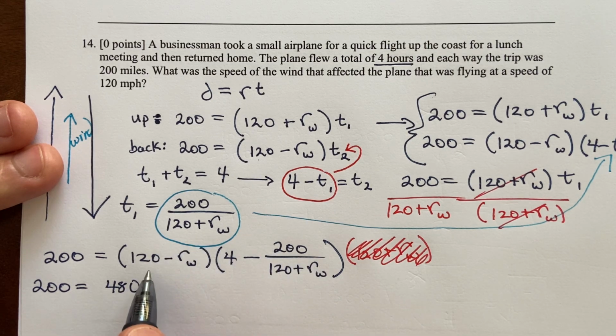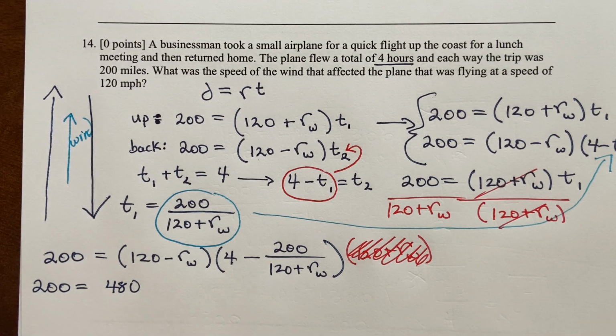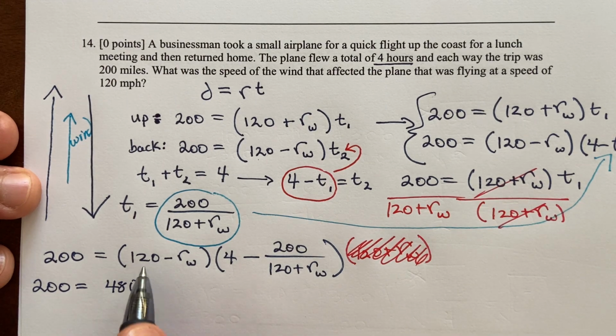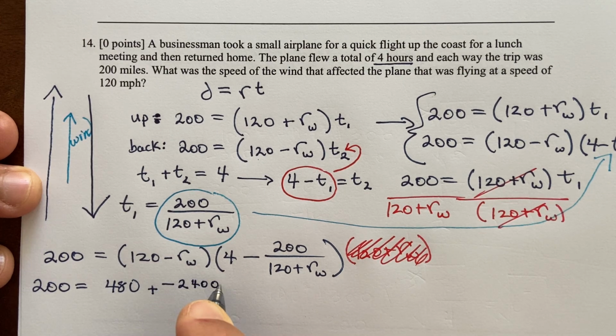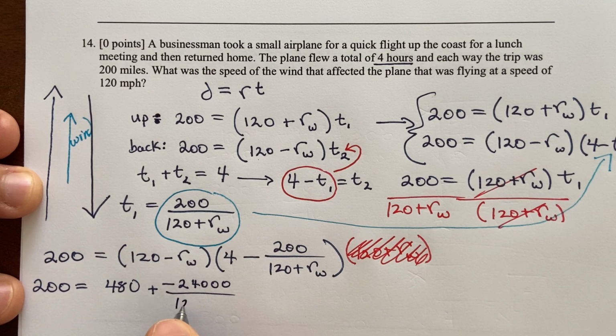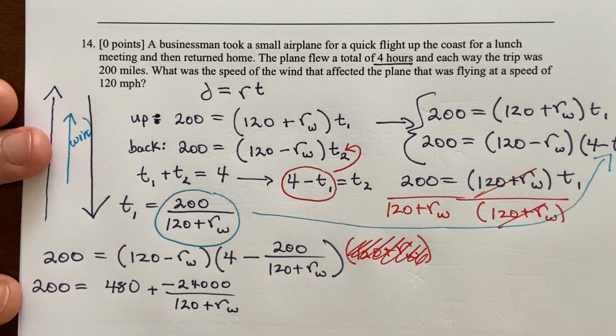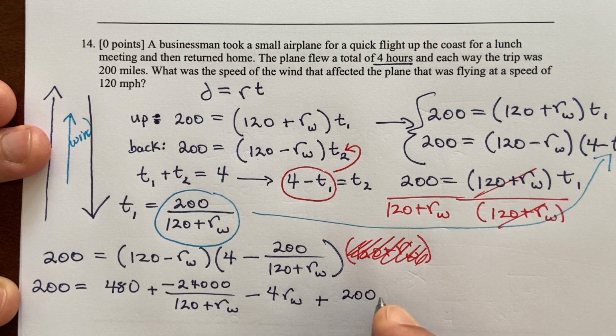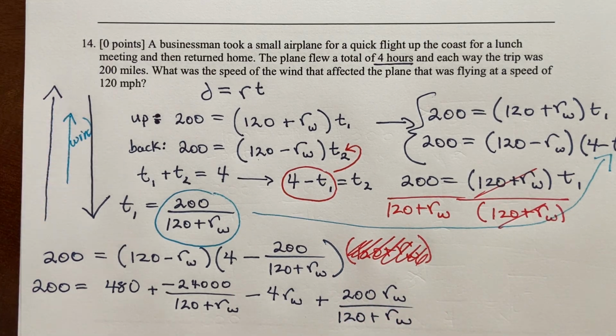That outside term, 120 times 200, would be 24,000, so I have plus negative 24,000 over 120 plus R sub W. That's this times this. The inside combination gives minus 4 R sub W. And the last combination gives plus 200 R sub W over 120 plus R sub W.